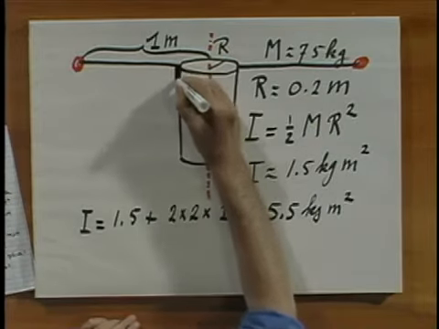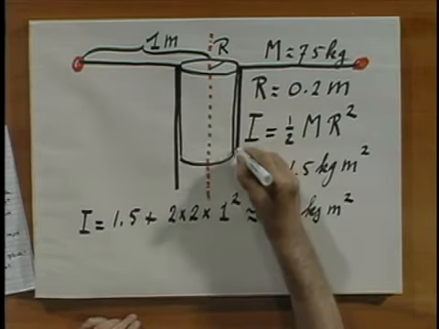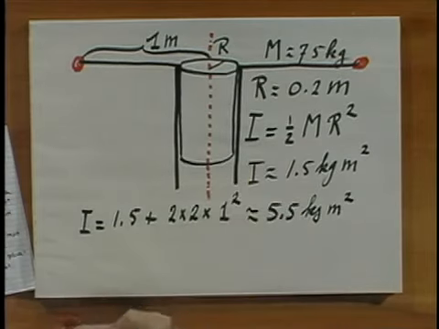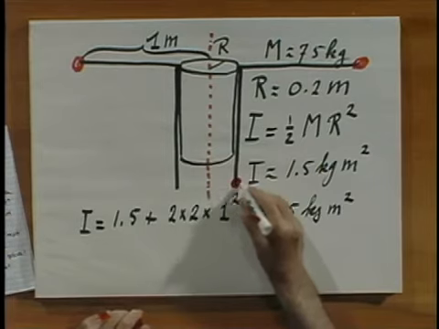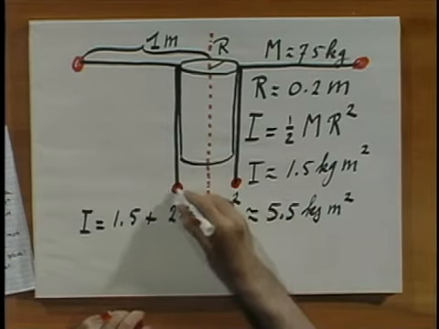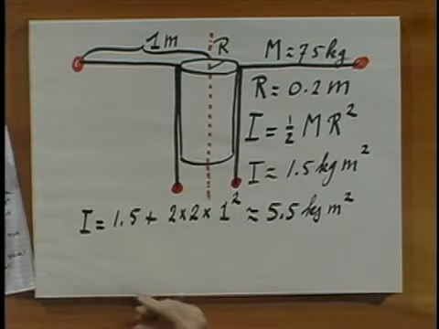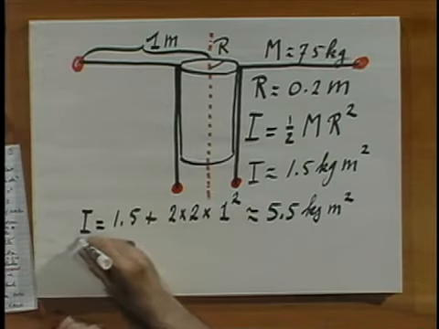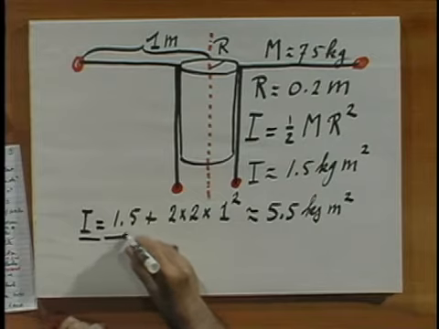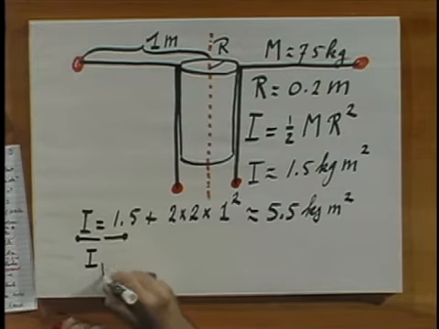Now we're going to calculate the moment of inertia when the person has her arms down, or her hands very close to her body. We will assume that when the person pulls her arms in, the two masses are at a distance capital R, which is the 0.2 meters. So we're going to recalculate the moment of inertia. This was the moment of inertia when the arms were stretched, and now I'm going to calculate the moment of inertia when the two arms are down.